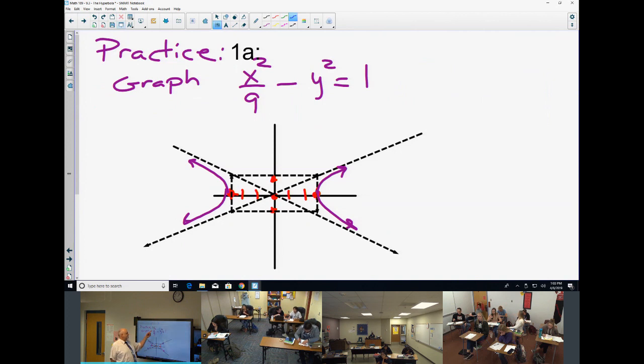And then since the x squared is first, you draw your hyperbola to open left and right. If the y squared was first, then we would make it up and down. All right? Any questions?